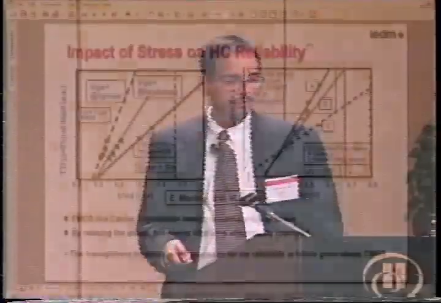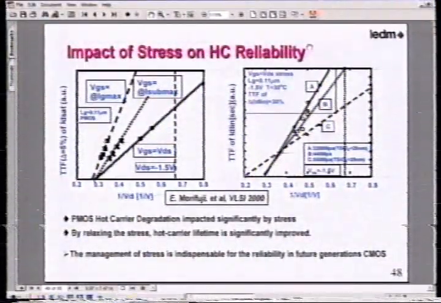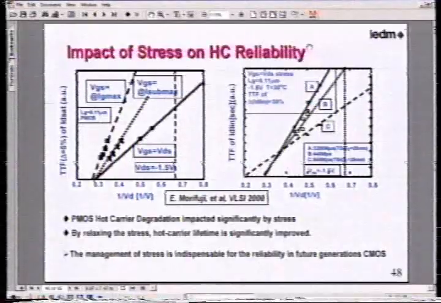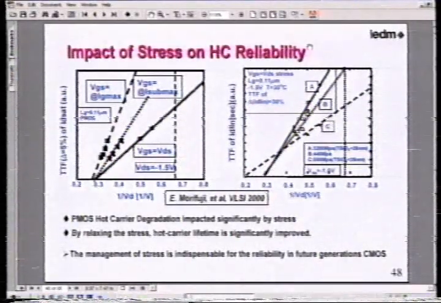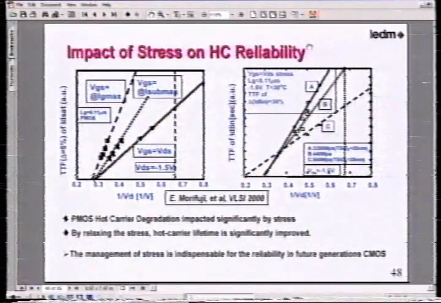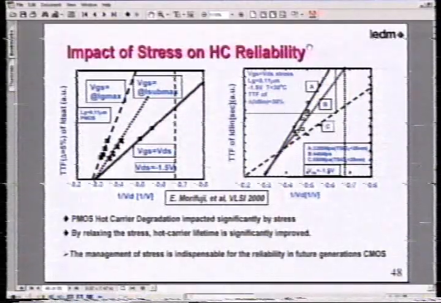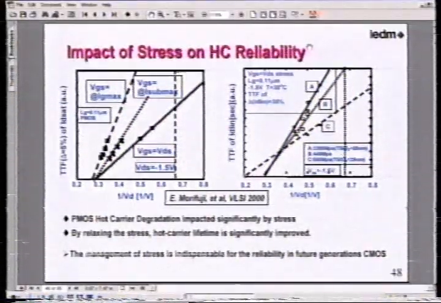Again, I'm not going to go into the basics of the hot carrier reliability, but what is interesting in this graph is that Morifuji had presented at VLSI 2000 that the PMOS hot carrier degradation is not only a matter of electric field and surface states, but also degrades due to the impact of physical stress.